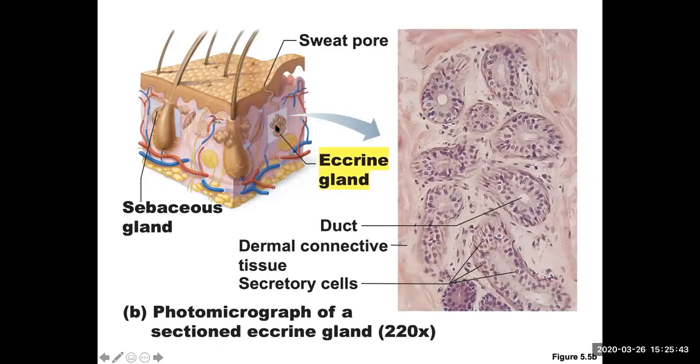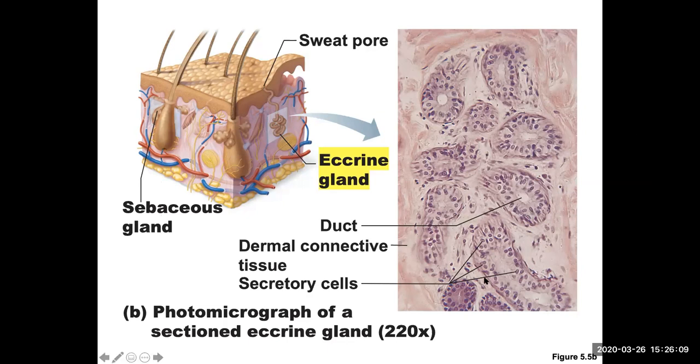So here is an example of an eccrine sweat gland in our pretty picture. So here's the pore, right? Which is the terminus of the duct of the gland. And that's the gland itself right here. If you were to take a cross section of a piece of skin of a sweat gland, you wouldn't really be able to see the outside of it. That would not be two-dimensional.